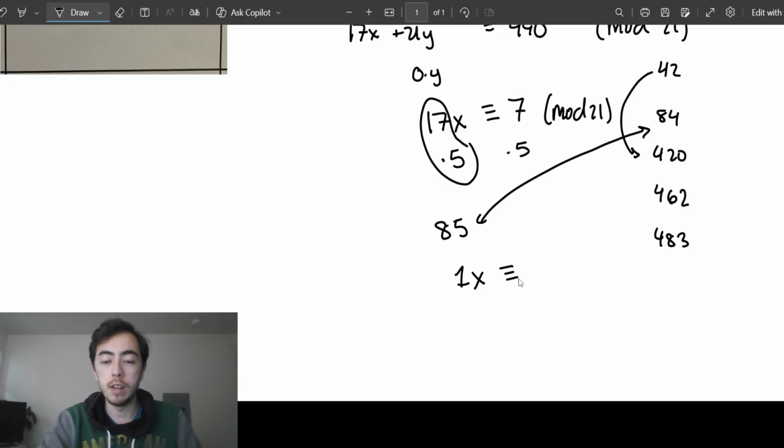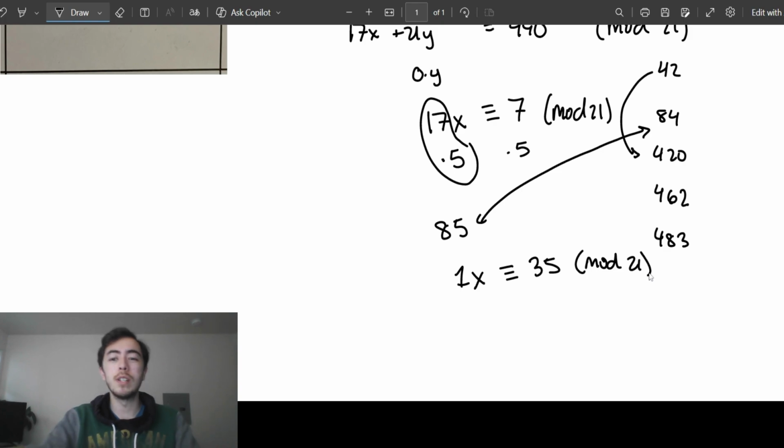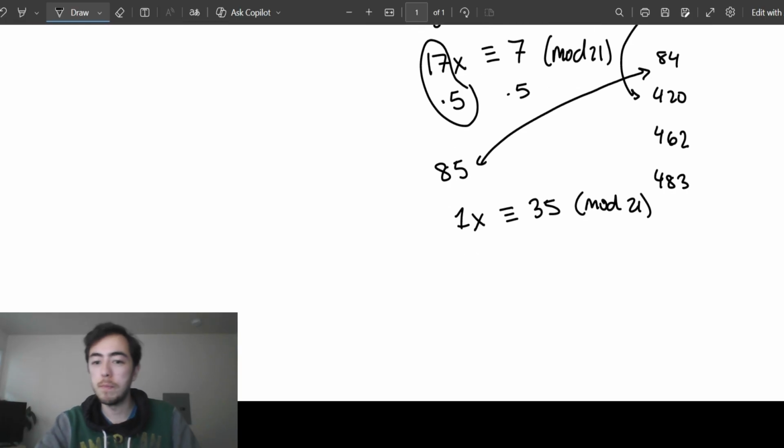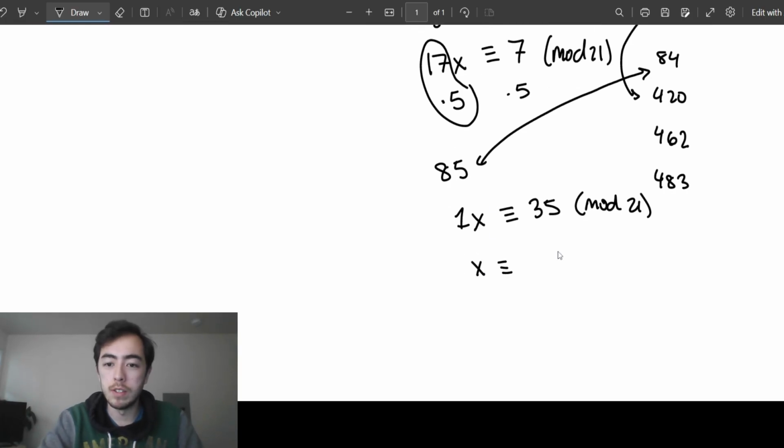And to keep my equation or congruent statement balanced, I should multiply the other side by 5. We do get 35, which isn't really a number in mod 21. I do need to scale this number back a little bit, so I am between 0 and 20. And so now if I just take off 21, we can see that x is congruent to 14 mod 21.